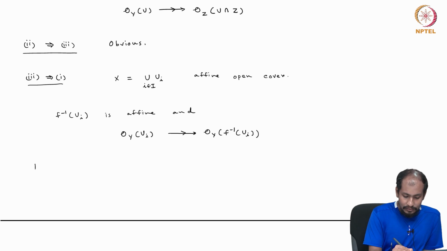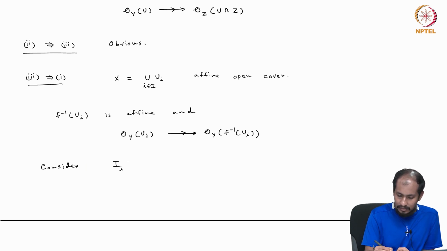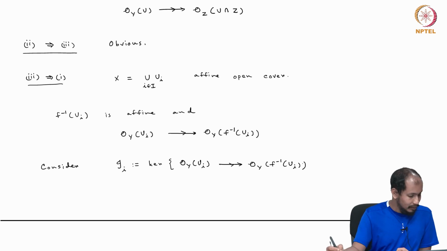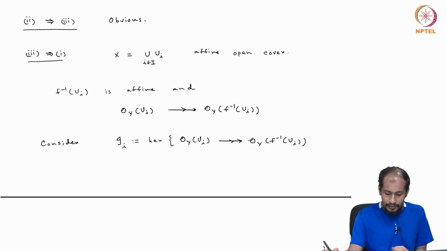Okay. Now consider, for each i, this ideal I_i. This I_i is an ideal defined as the kernel of this surjective morphism.